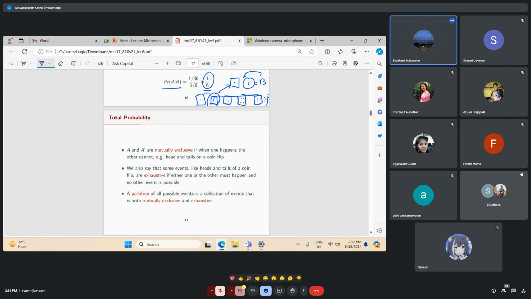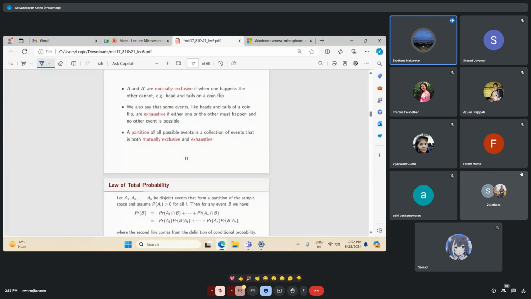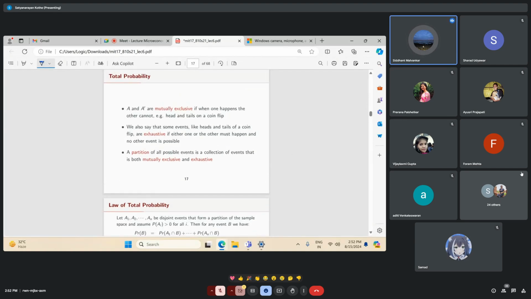Okay. Now we know the conditional probability, but when we say what is the total probability, there are reasons for defining it, because ultimately it is not only one event that is taking place.